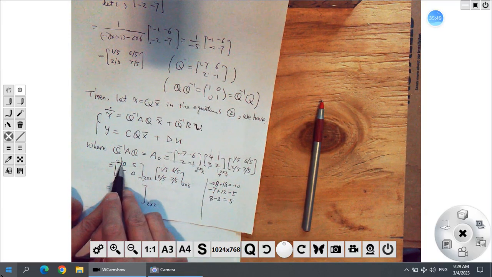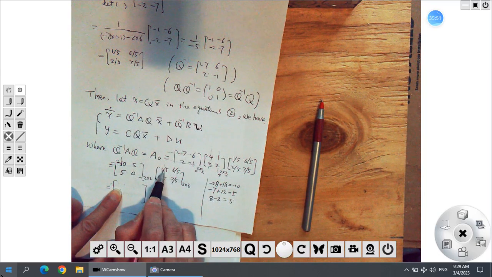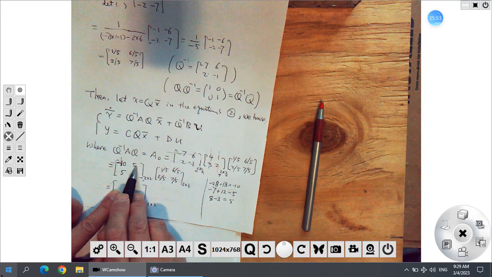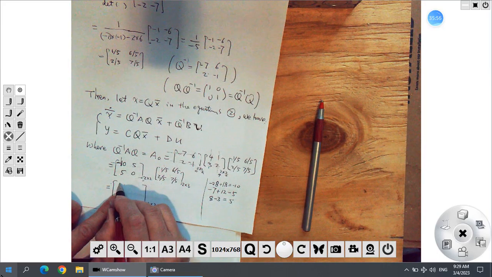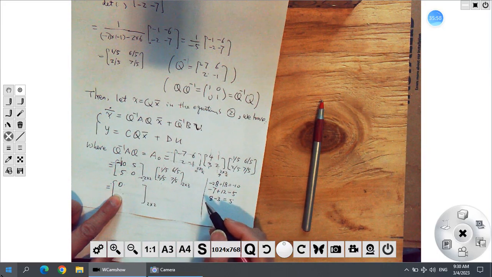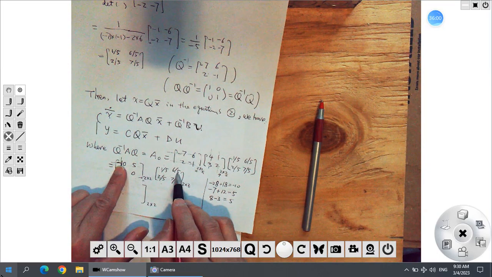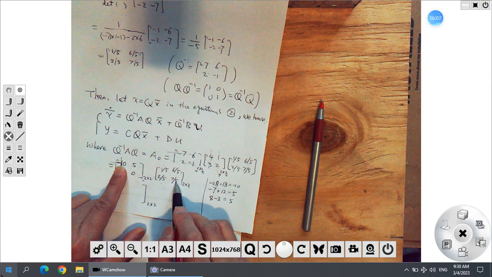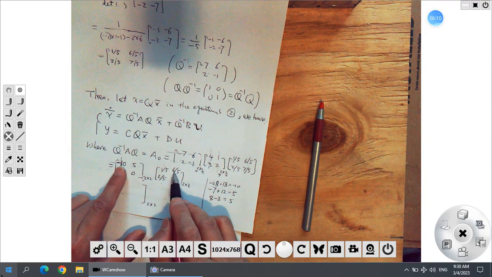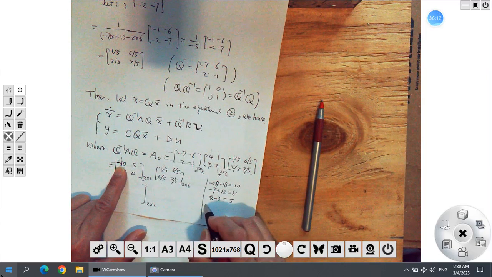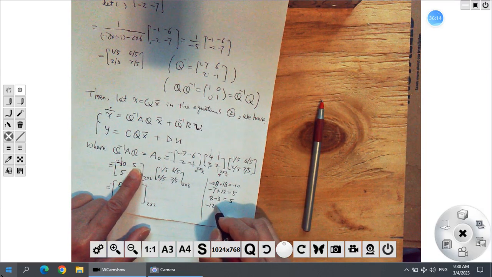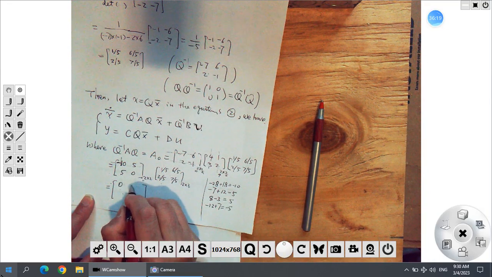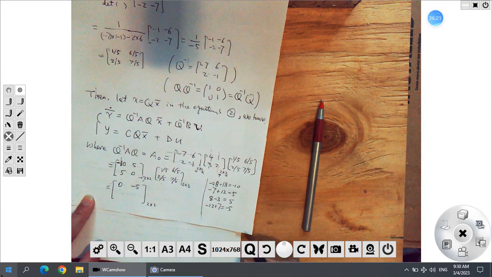So I get a negative 2 and this is positive 2, so it's 0, right? And then this is a negative 12, and this is a 7. Negative 12 plus 7, negative 5.